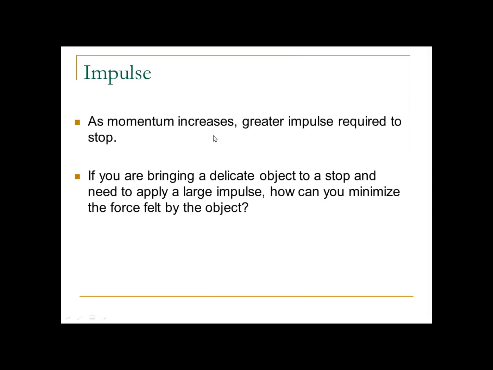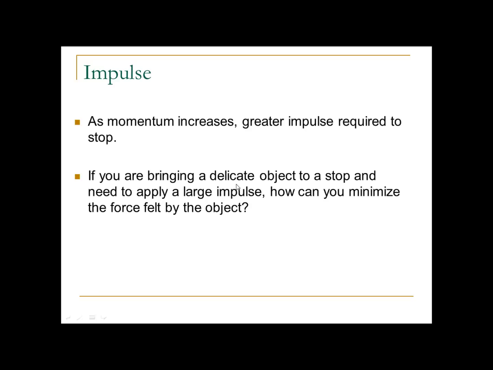So as momentum increases, a greater impulse is required to stop. So think about if you're in a car crash when the car is going 20 miles an hour versus going 70 miles an hour. The 70-mile-an-hour car has a much greater momentum, so to stop it requires a greater impulse, a greater change in that momentum.